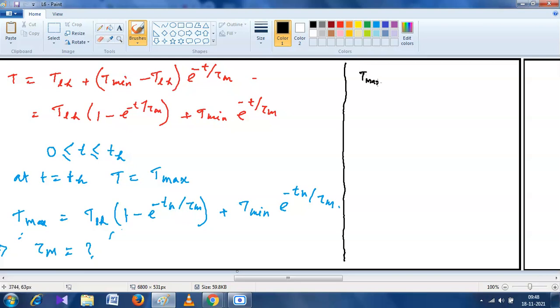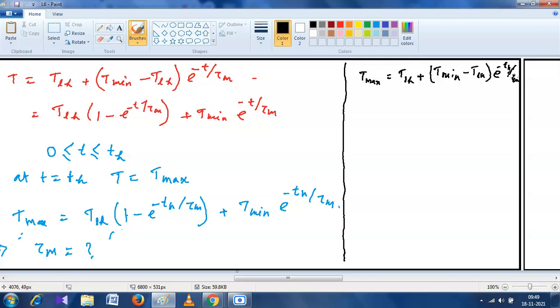T max is equal to TLH plus (T min minus TLH) into e to the power minus TH by tau m. Can we rearrange this equation like that?